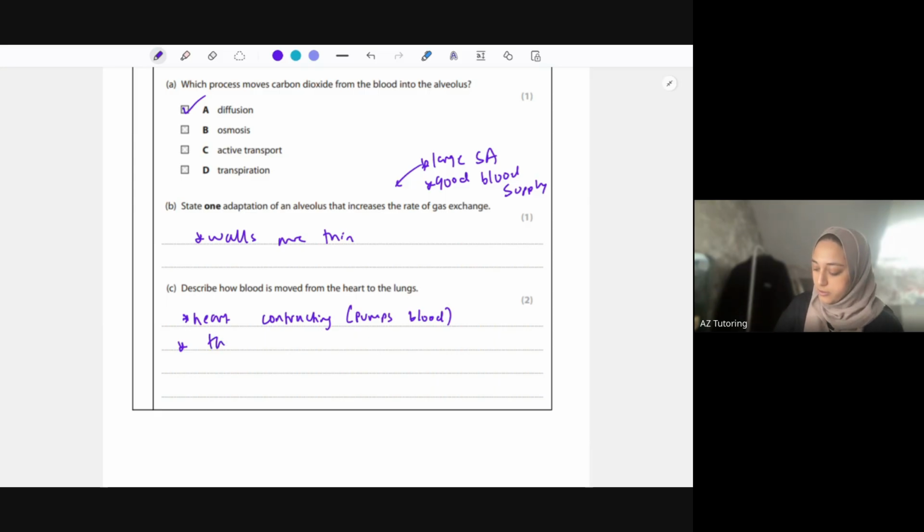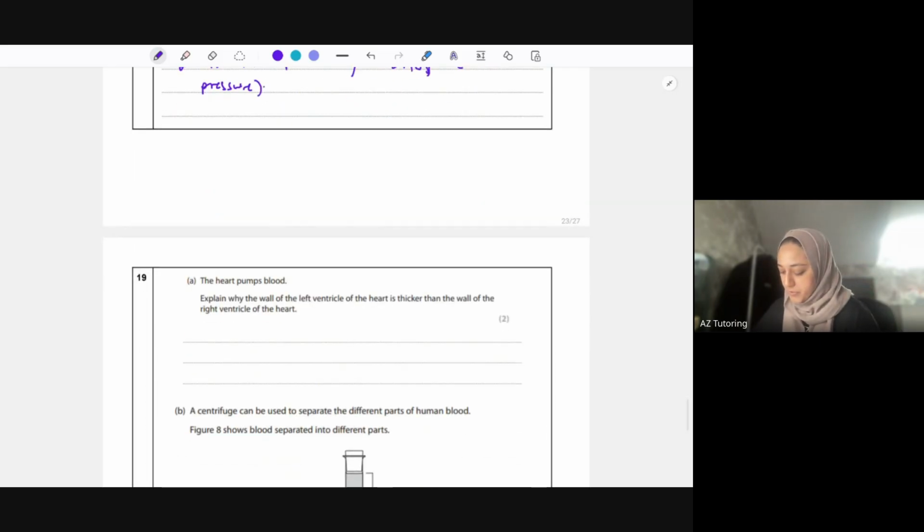It's going through the pulmonary, because pulmonary is to do with the lungs. And what vessel is taking blood away from the heart? That's artery. Vein is taking it to the heart, artery is taking it away. So through the pulmonary artery. You could even say under pressure as well, but you don't have to say that for the mark.